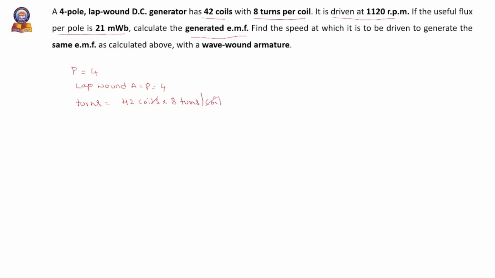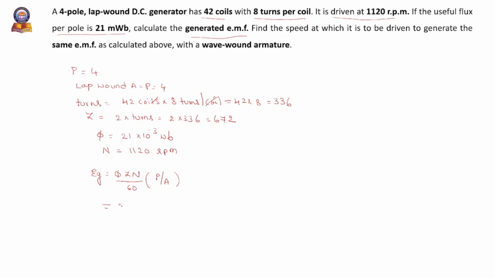So coil gets cancelled. Finally it is 42 into 8, 336. We all know that Z is equal to 2 into turns. So 2 into 336, it is 672. Flux is 21 milliweber. Speed of rotation is 1120 RPM. So calculating the generated EMF, it is psi Z N by 60 into P by A.